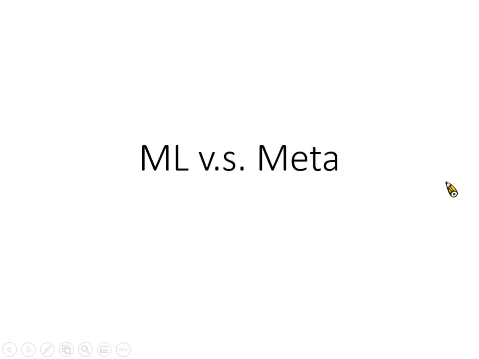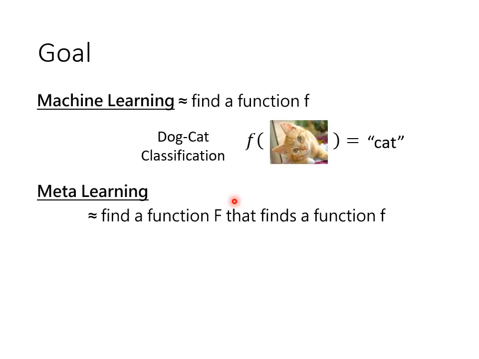If this is the first time you learn meta-learning, it's normal to feel very confused. Let's spend some time comparing the difference between machine learning and meta-learning. First, let's consider the goal of machine learning and meta-learning. Machine learning is to find a function. For example, you can find a classifier that, given an image, obtains the classification result.